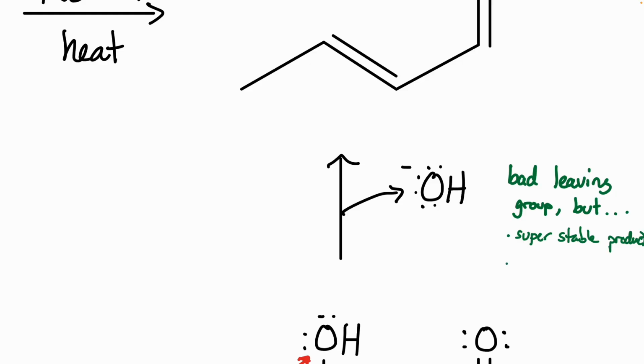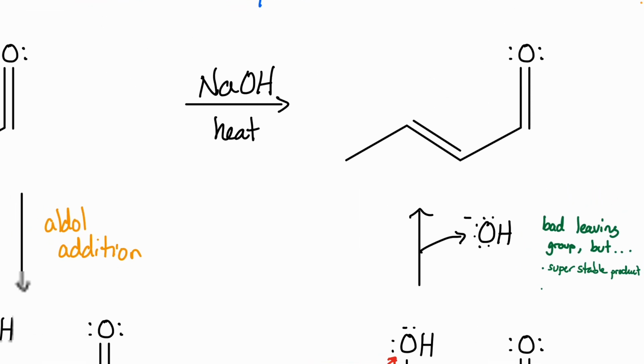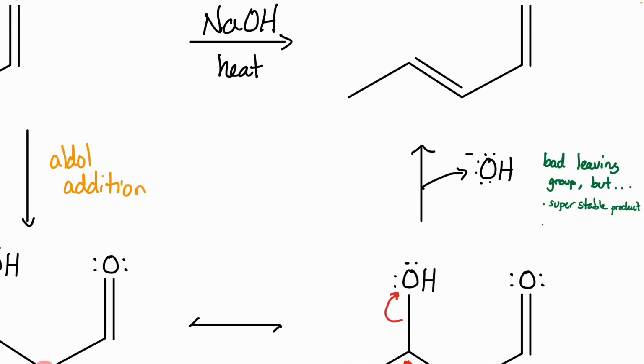And the other thing is, since we have that bad leaving group, super stable product, okay? But the other thing is our reaction conditions here. There's heat. So we have a lot of energy to overcome those high activation energy barriers.